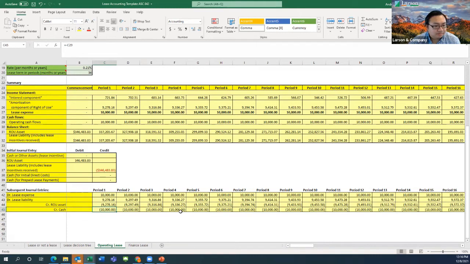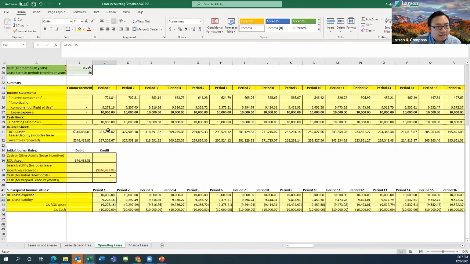So all of the interest component will be expensed. So the difference between the $10,000 monthly payment and the $9,278.16 is essentially going to be recorded as part of the amount of interest flowing through there.